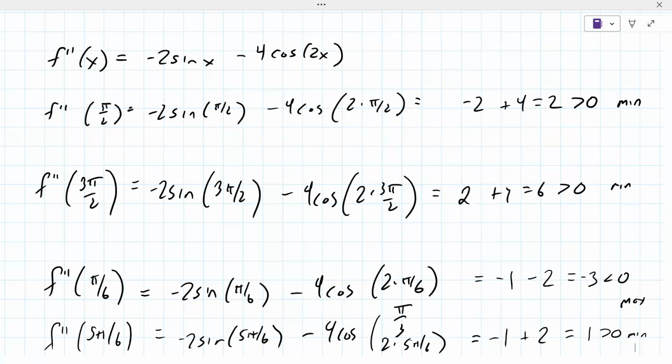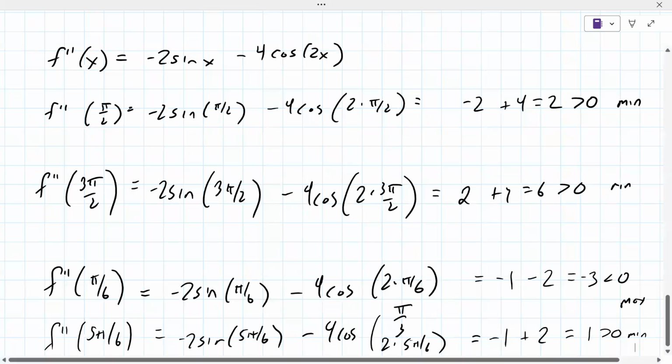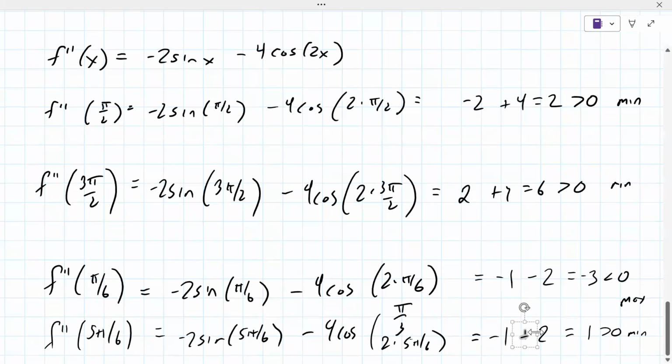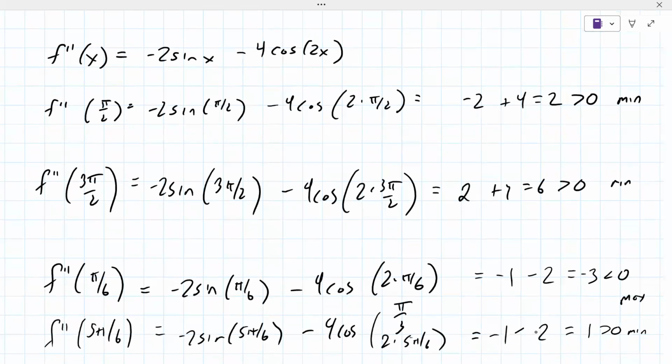Wait, for 5 pi over 6, it'd be cosine of 10 pi over 6, which is cosine of 5 pi thirds, which is 1/2. Oh, that's right. So it would be negative 2, which gets you negative 3, which is less than 0, so it's a max.